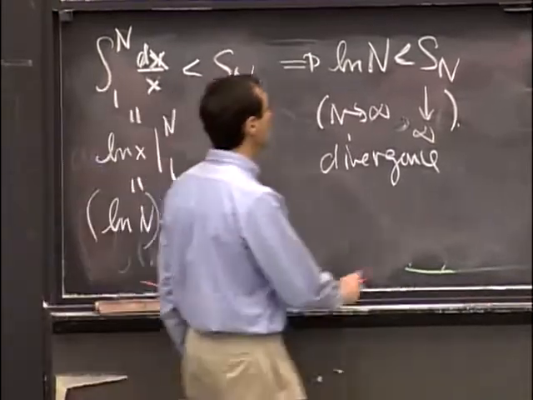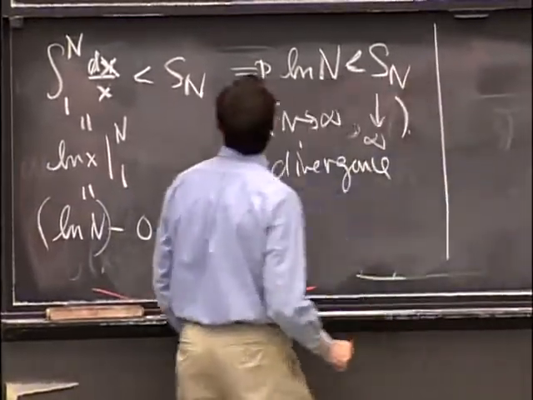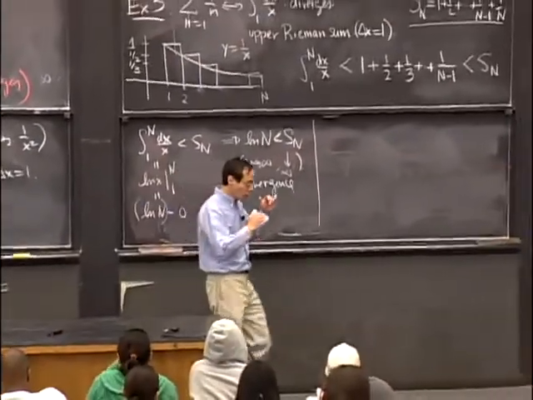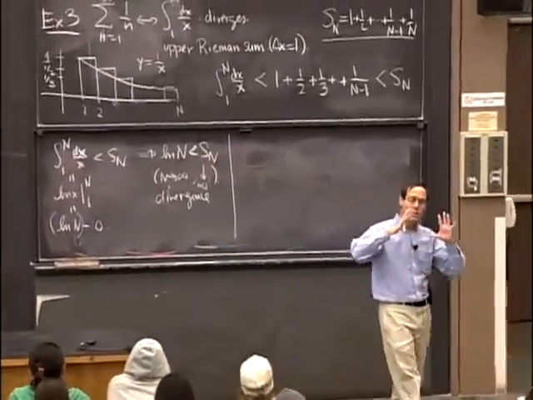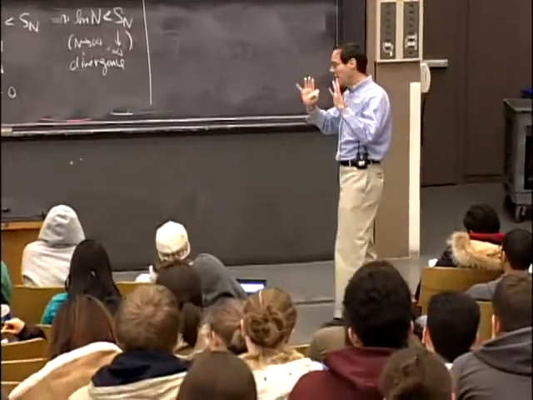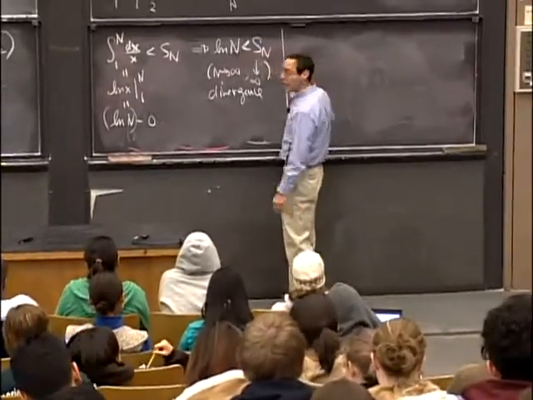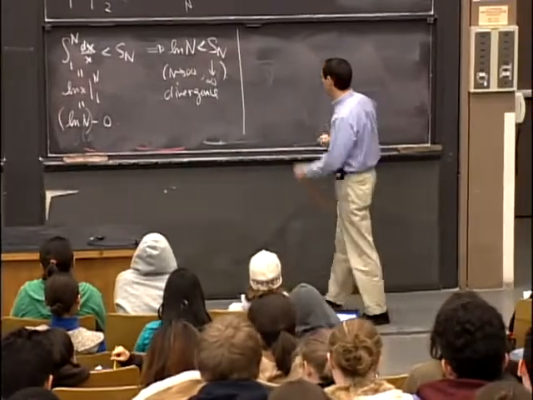Now, the way I'm going to use the lower Riemann sum is to recognize that we've captured the rate appropriately. That is, not only do I have a lower bound like this, but I have an upper bound which is very similar.